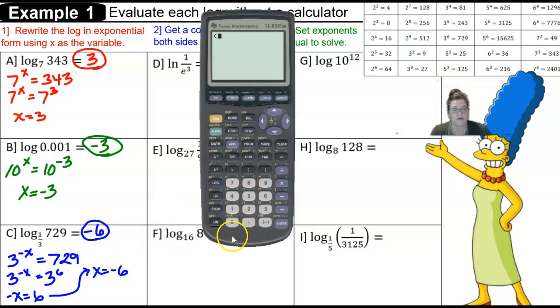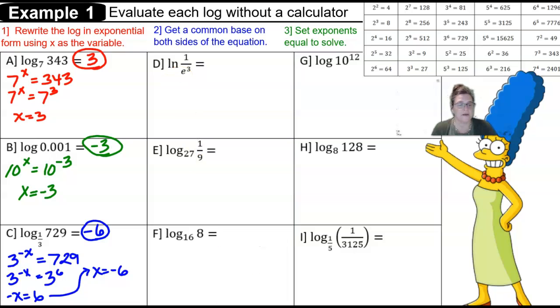Now that I know it's negative 6, I'm going to check that by putting in my fraction 1/3 and raising that to the negative 6 power. And sure enough, I get 729. So I can check my answer using that base raised to the answer and see if we get the argument of the log.